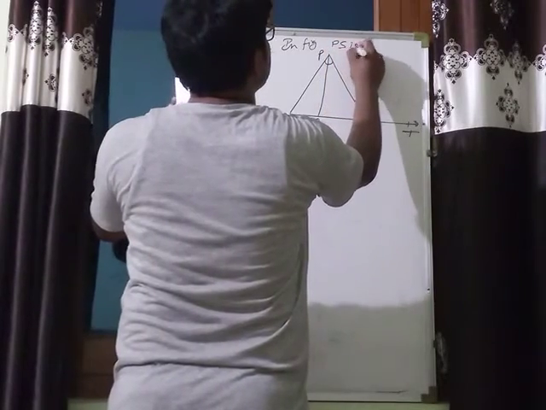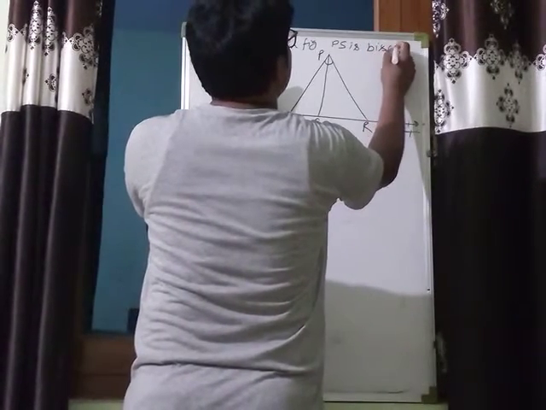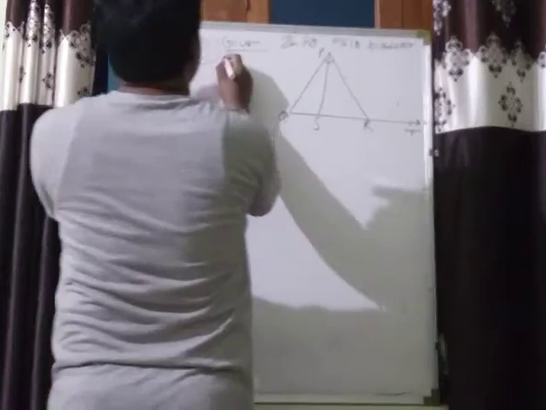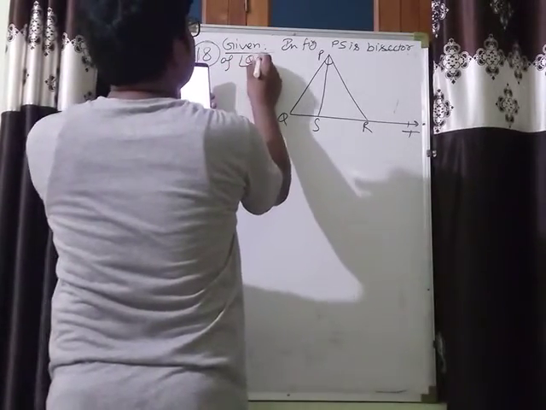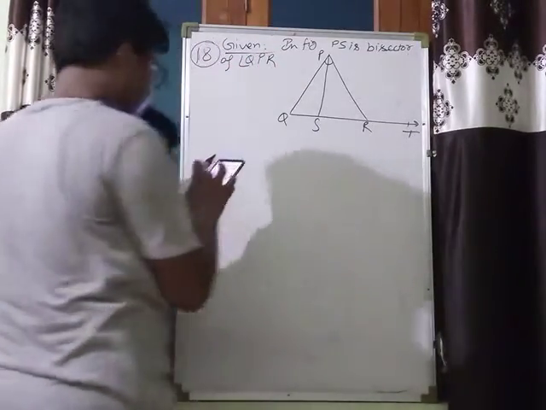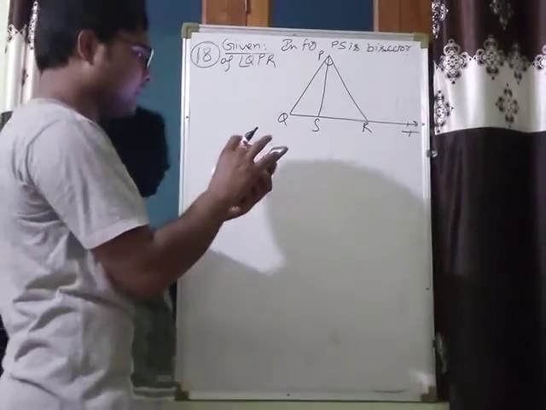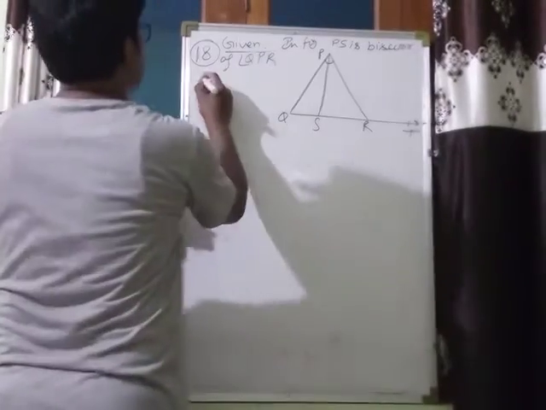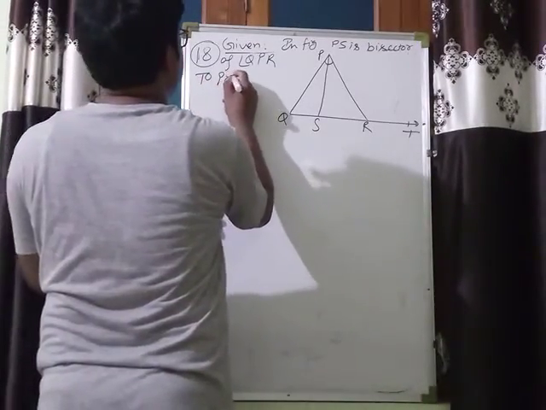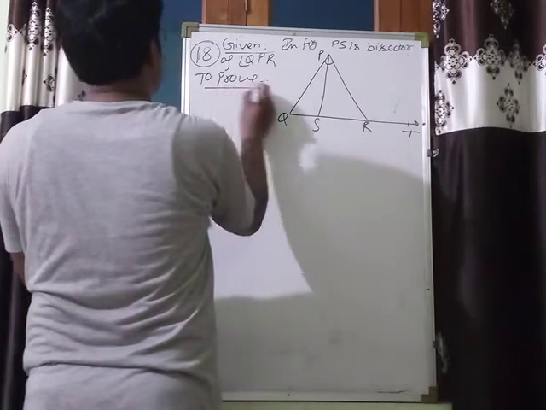PS is bisector of angle QPR. Okay, prove that. To prove, what do we have to prove?